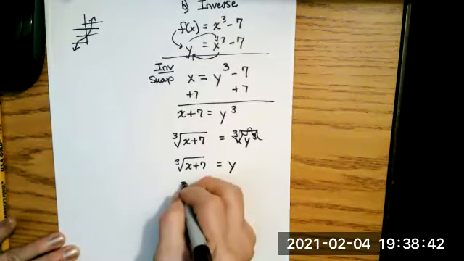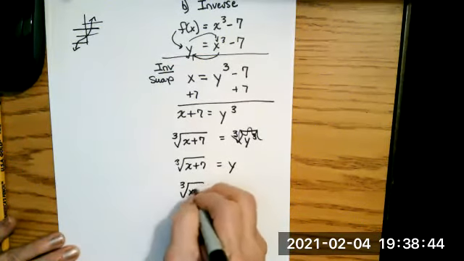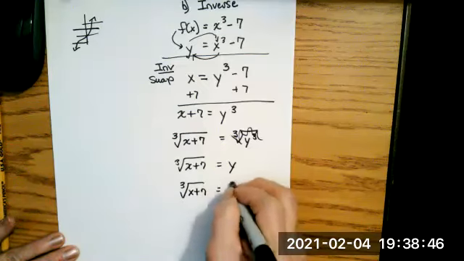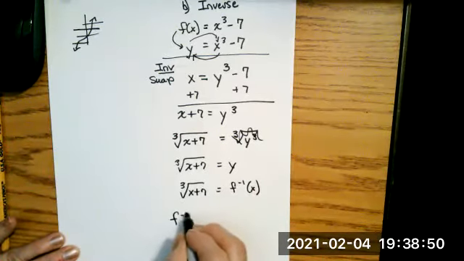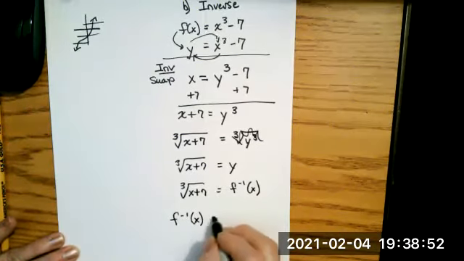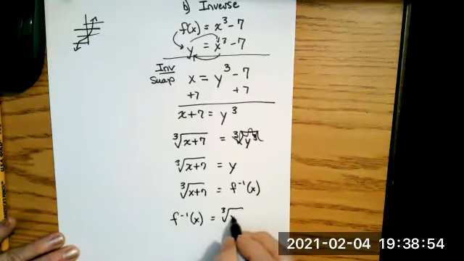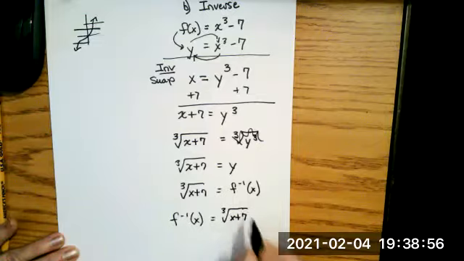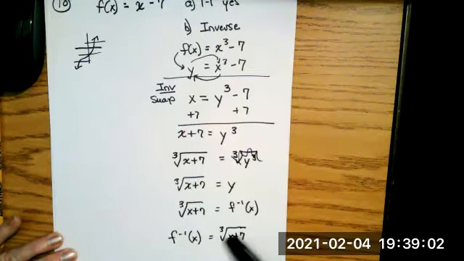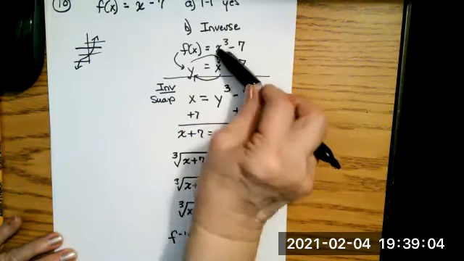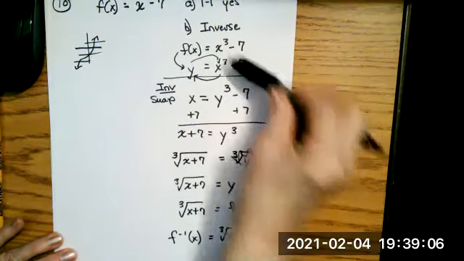Now I put in my special notation. And if you want to, you can bring it over here. Notice the difference. This is cube rooted. That was cubed. This is plus 7.